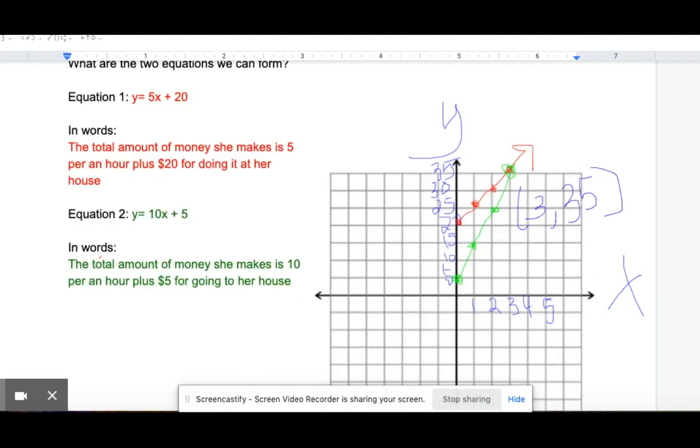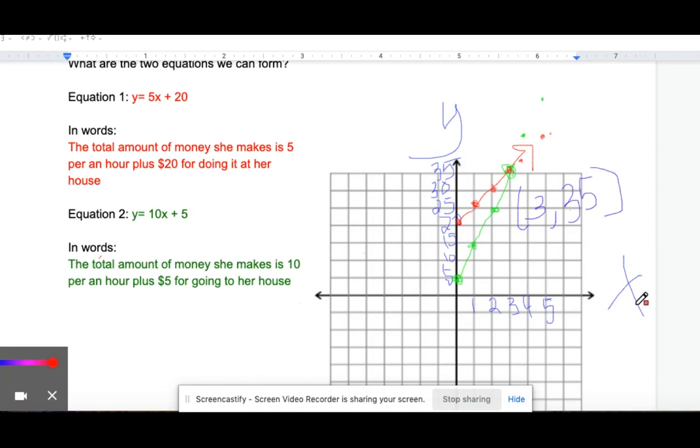So the interesting part of this graph is that the point of intersection is where they meet. And then after that, like if I kept going up 10 over 1 for my green one, versus the red one only going up 5 over 1, it starts to become smaller.